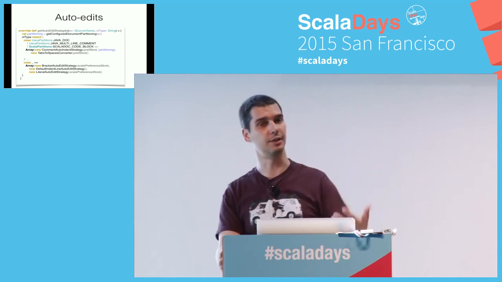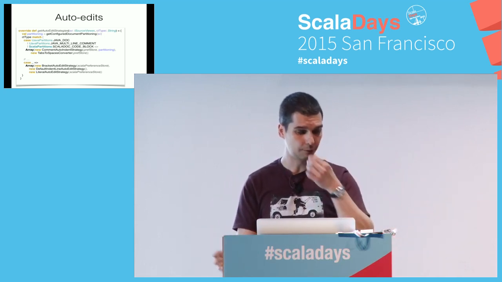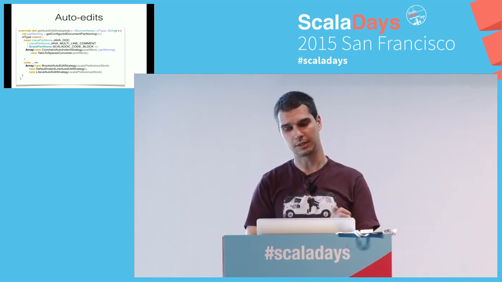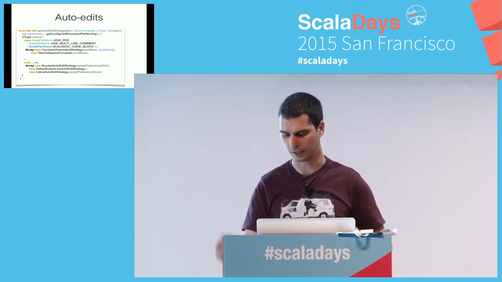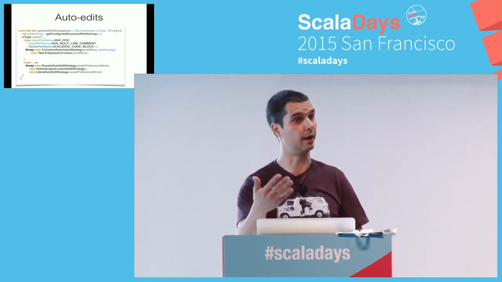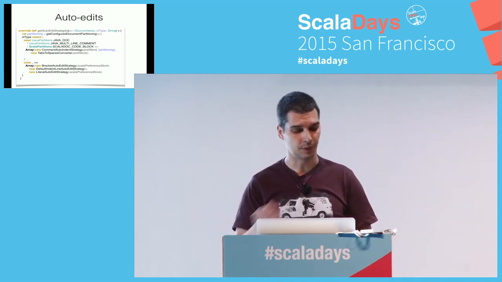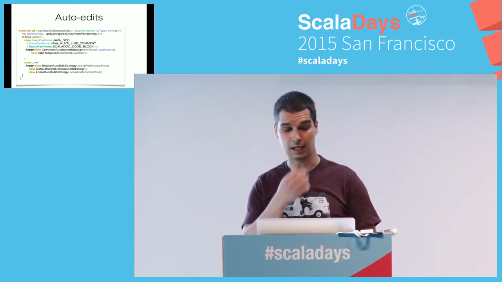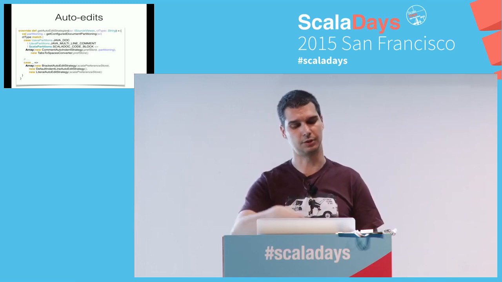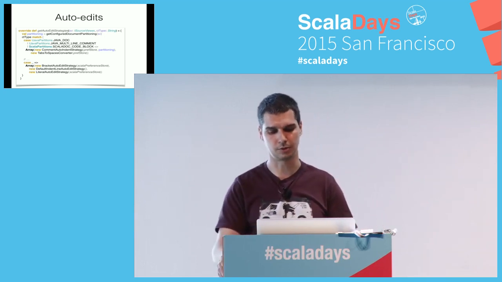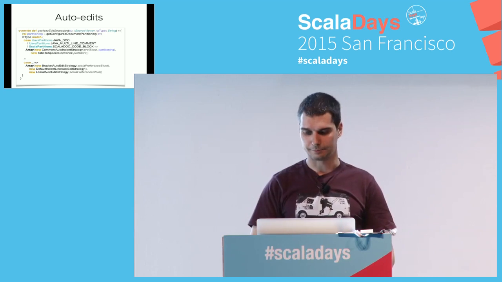So there's a number of these that we predefined for Scala. We don't add them by default because sometimes it doesn't make sense if you're inside a Play template. Maybe you don't want all the comment auto edits to be there. But this would be roughly the code I would have to write. I would just say in what partition. So in Scala docs, I'd like to have the comment auto closing and so on.